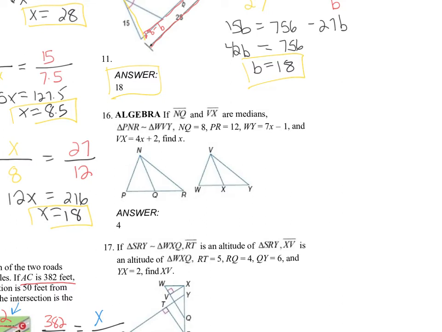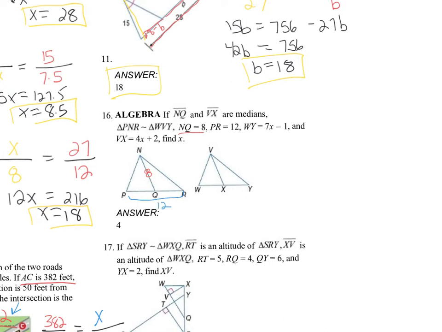We are told that NQ, which is right here, is 8, and that PR, which is this whole distance here, that is 12.